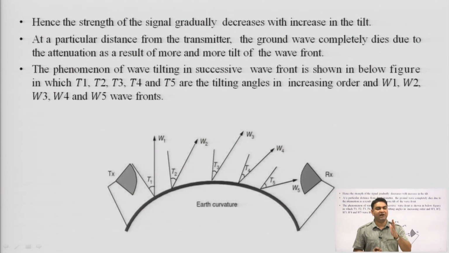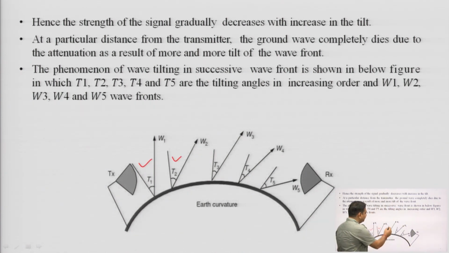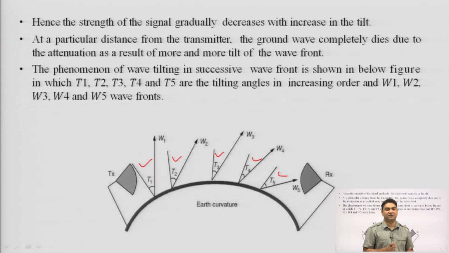The tilt angle is the angle between the wave front at that point of the earth's surface with respect to its longitudinal wave front. The angle between these two is known as the tilt angle, and you can see here the different tilt angles for different wave fronts at different positions on the earth's surface.